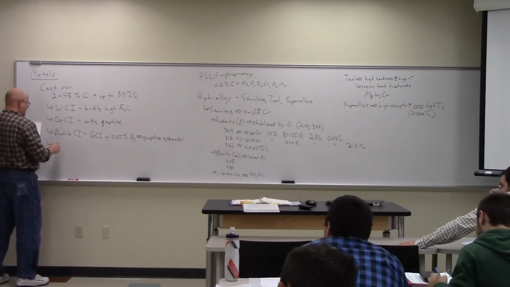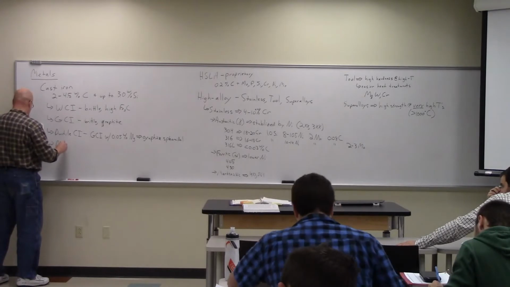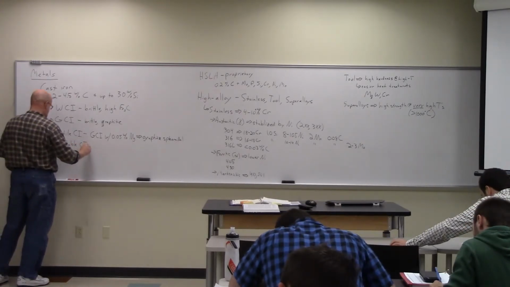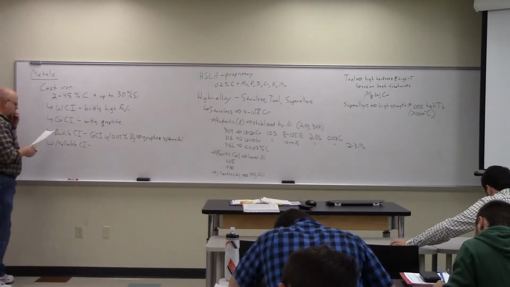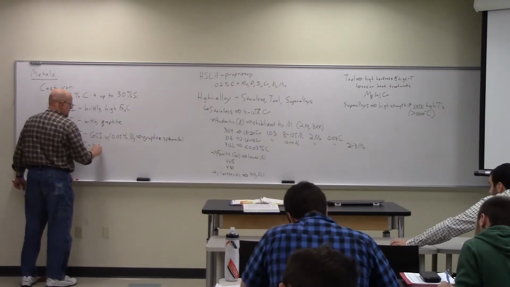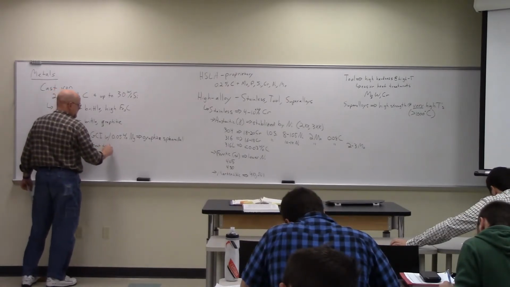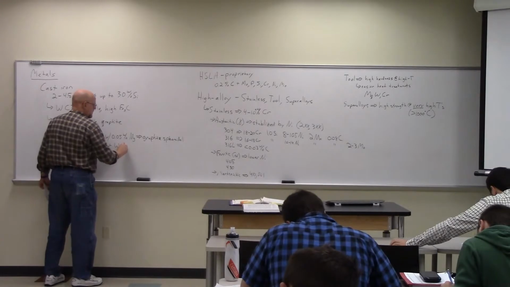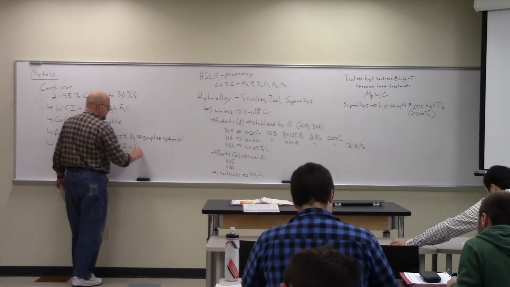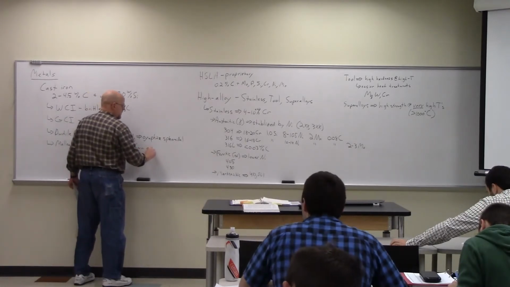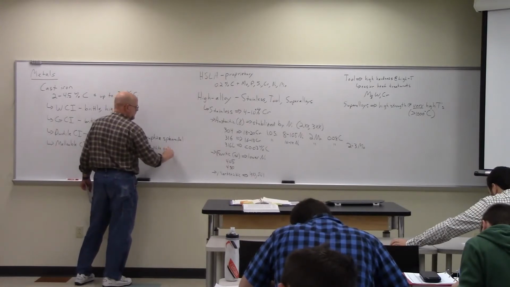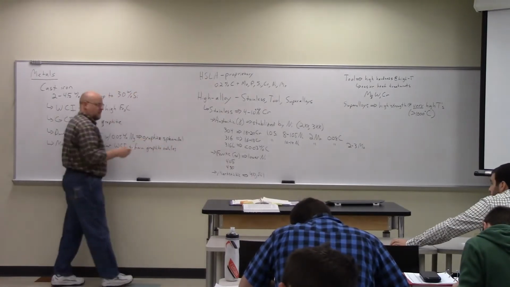And then there's another thing called malleable cast iron, which is where we heat treat white cast iron to form the graphite nodules, or spheres, whatever.